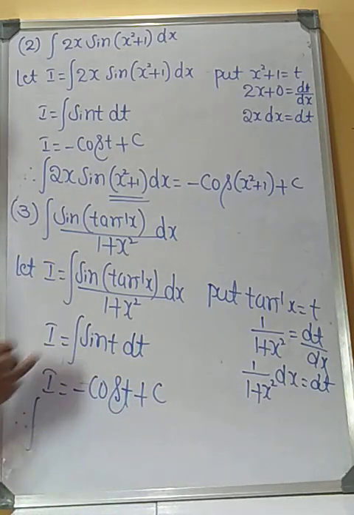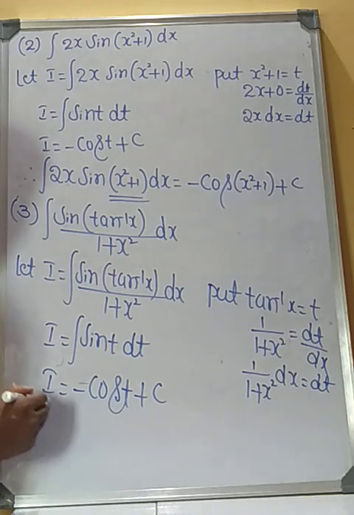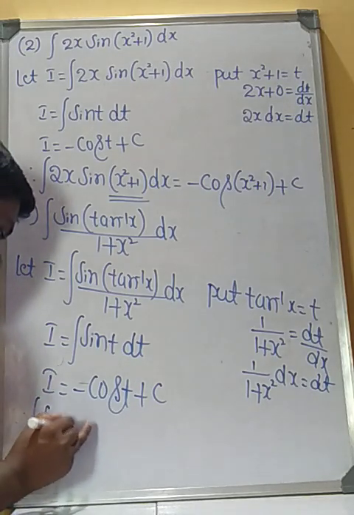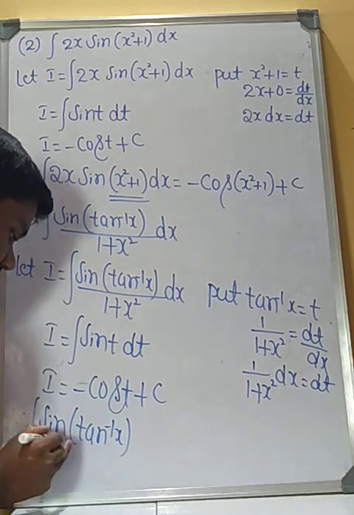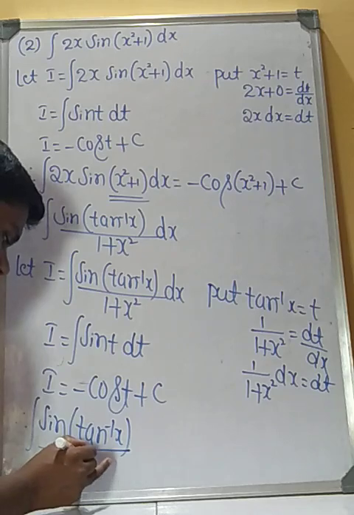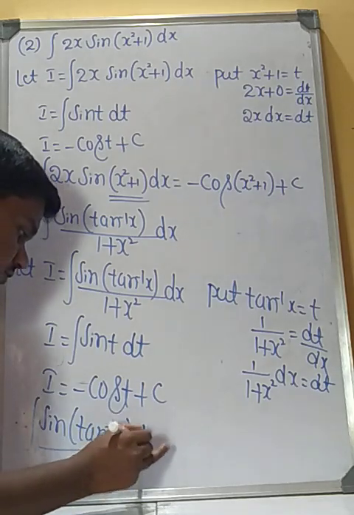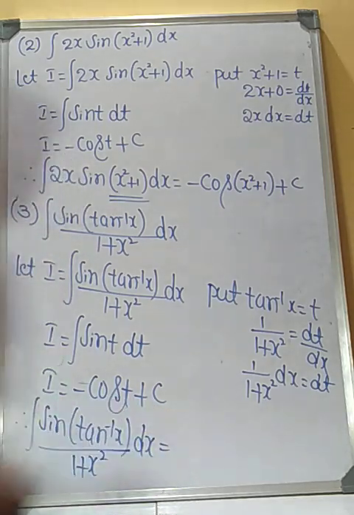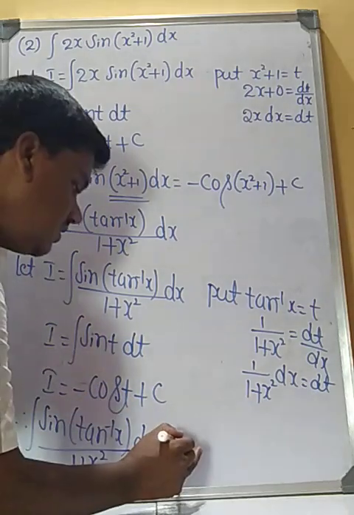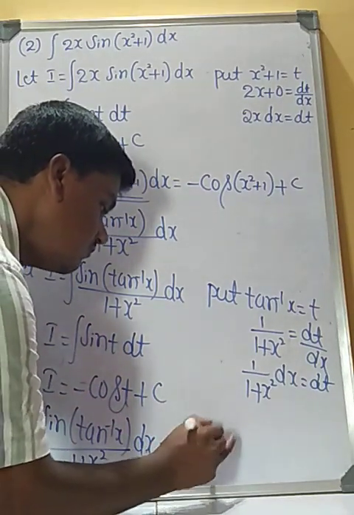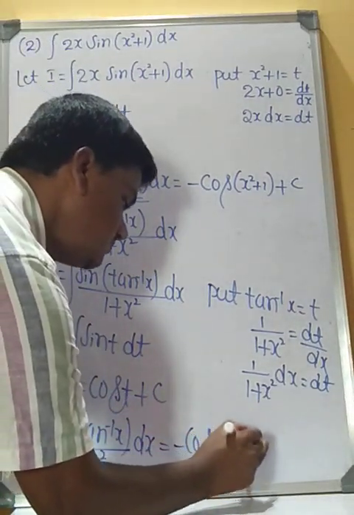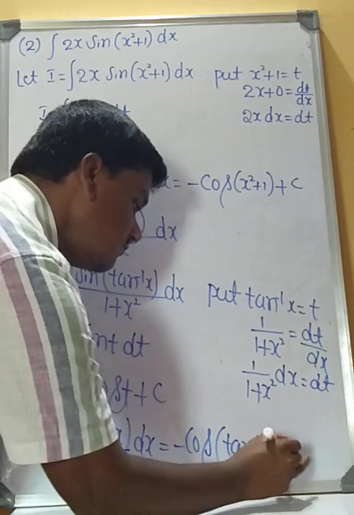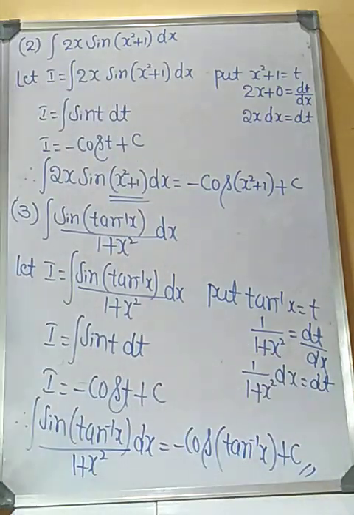Therefore, I, the integral of sine of tan inverse x divided by 1 plus x square into dx, equals minus cos of, what is t? tan inverse x, so minus cos of tan inverse x plus c.